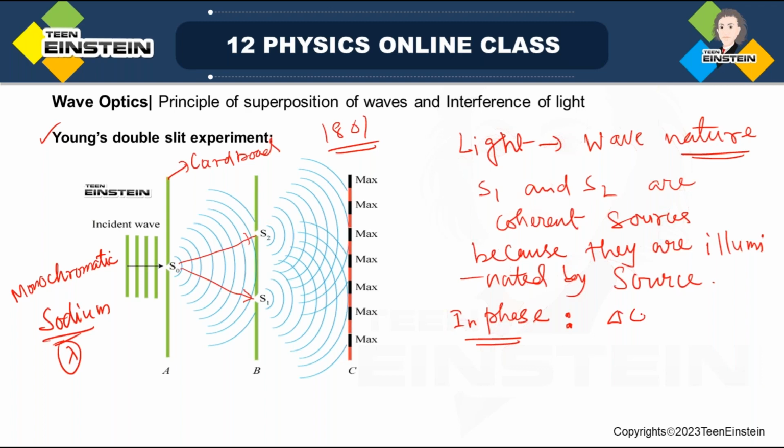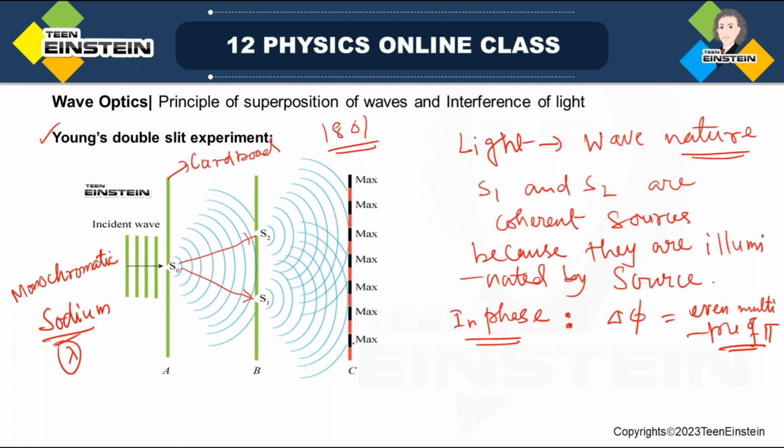That means delta phi is an even multiple of pi. So what will happen? Intensity will be maximum at that point. Look here, these are having maximum intensities.